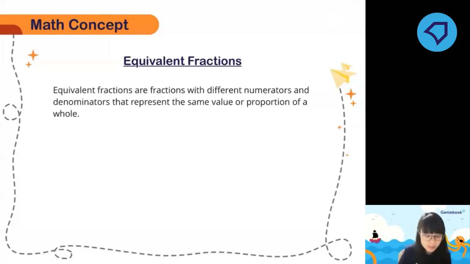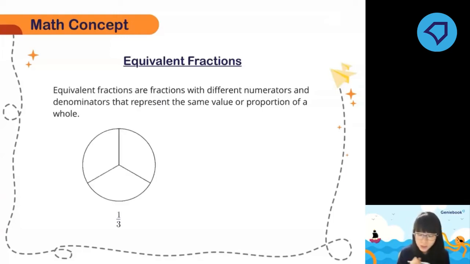Okay, let me explain further. So for example, let's take a look over here. Today we have 1/3, right? We have 1/3. So I have my figure over here. I'm going to shade 1/3 of this. Okay, 1/3. Now, if I have another fraction, 2/6.